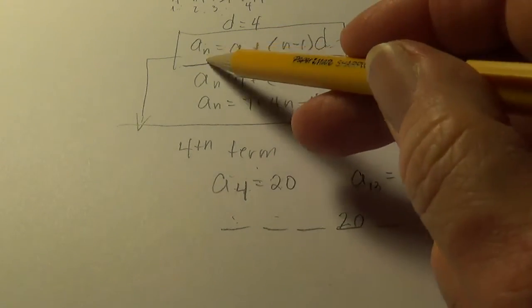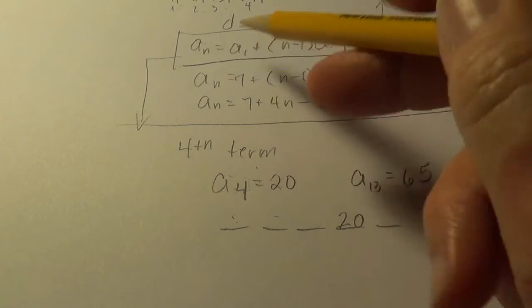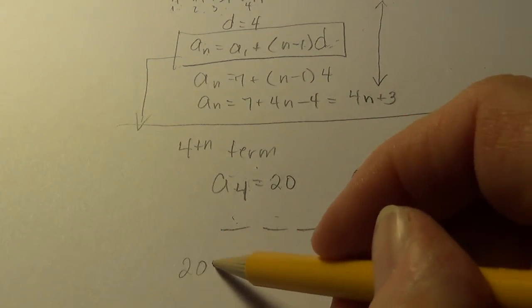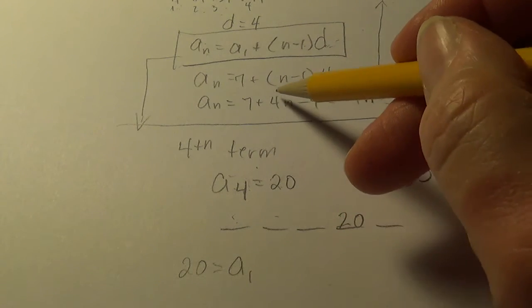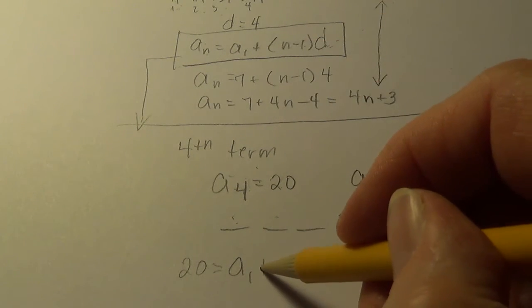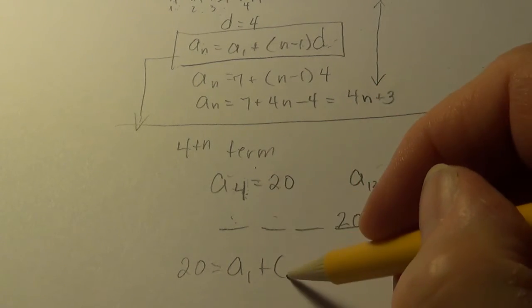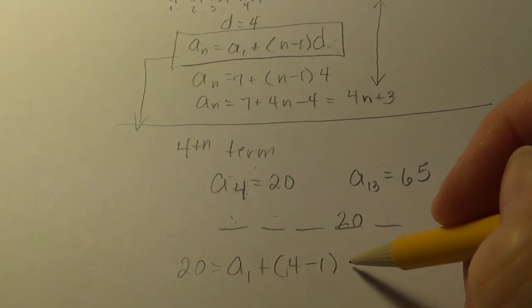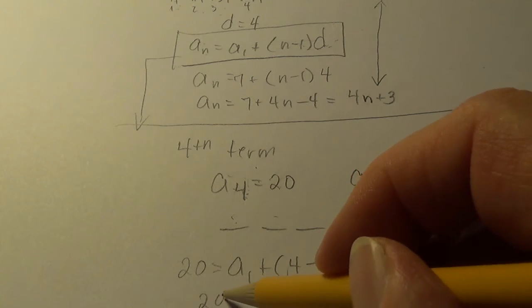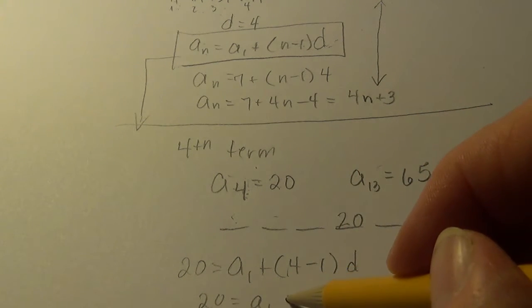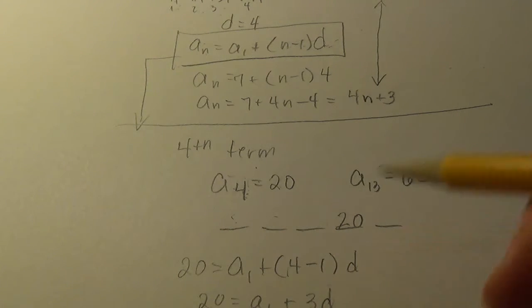This says a sub 4 is 20, so I'm going to put a 20 here for the fourth term. The first term I don't know, I'll call it a sub 1, plus n, in this case 4 minus 1, times the common difference. So 20 equals a sub 1 plus 3d.